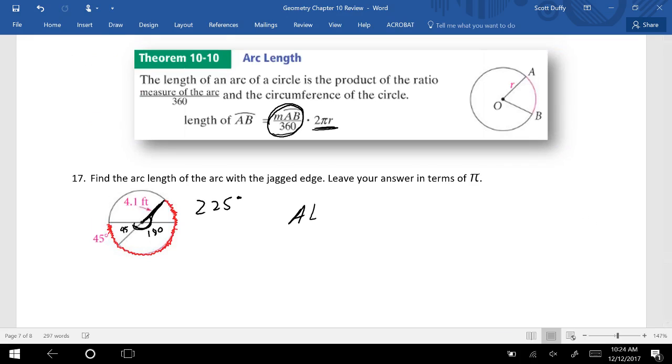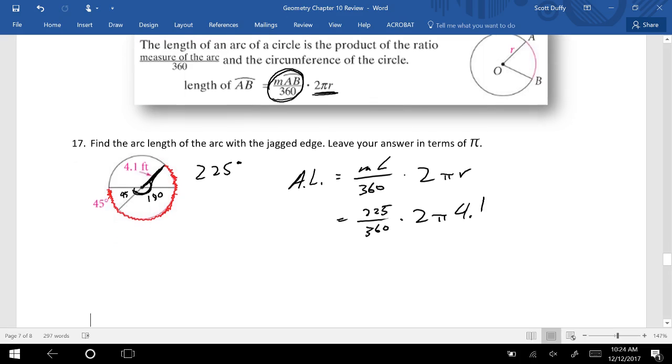Arc length is equal to the measure of the angle over 360 times 2 times pi times r. The measure of the angle is 225 over 360 times 2 times pi times the radius of 4.1.